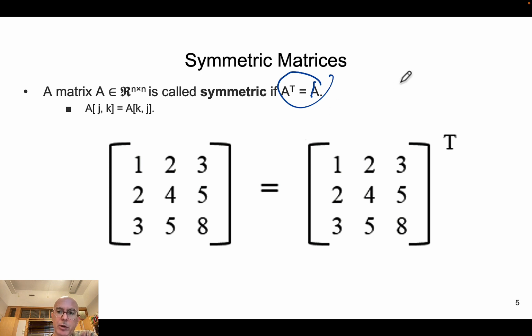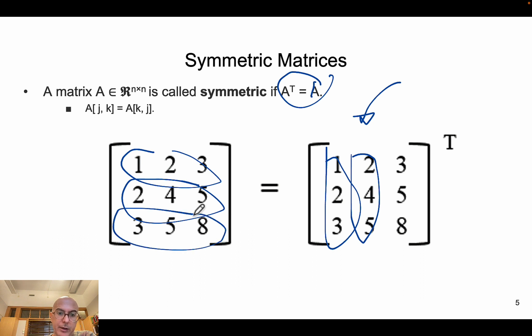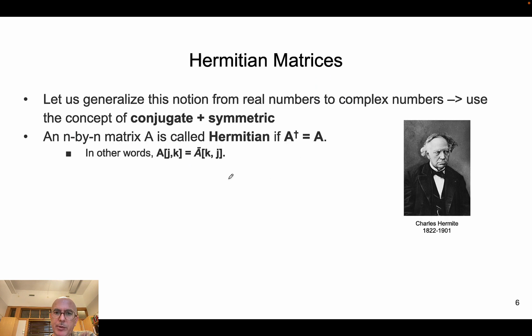We have an example on these slides of a symmetric matrix. You see, for instance, the first row is equal to the first column, the second row is equal to the second column here, and the third row is equal to the third column. But this is the very same matrix, therefore the matrix is symmetric.